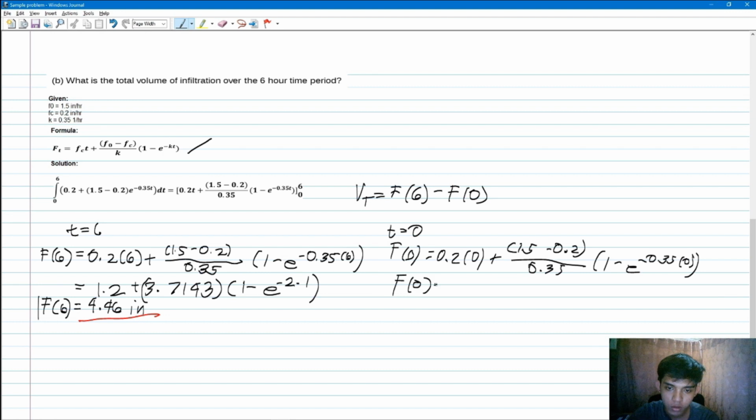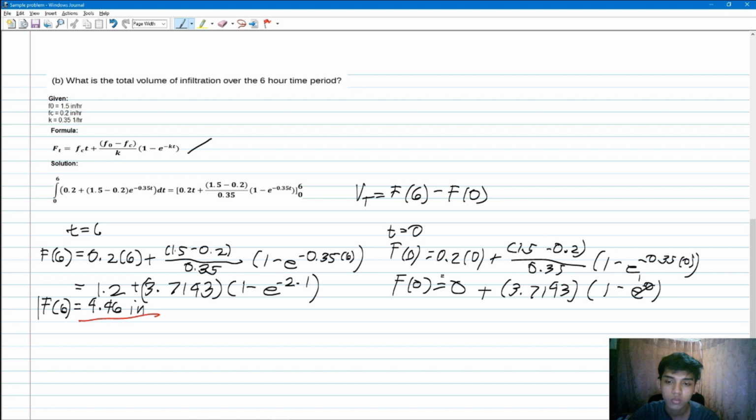So for F of 0, we know that this will equal 0 plus (1.5 minus 0.2) over 0.35, and we already know that it is equal to 3.7143, and 1 minus e raised to negative 0.35 times 0. We know that e raised to 0 is equal to 1, so this will become 1.